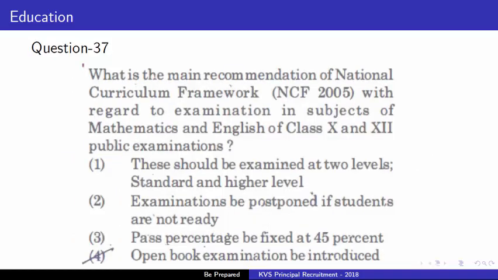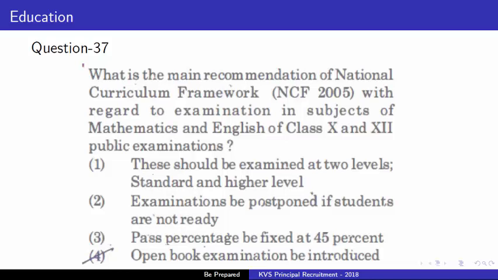Next 37th question is, what is the main recommendation of National Curriculum Framework NCF 2005 with regard to examination in subjects of mathematics and English of class 10th and 12th public examination? Listed options are number 1, these should be examined at 2 levels, standard and high level.